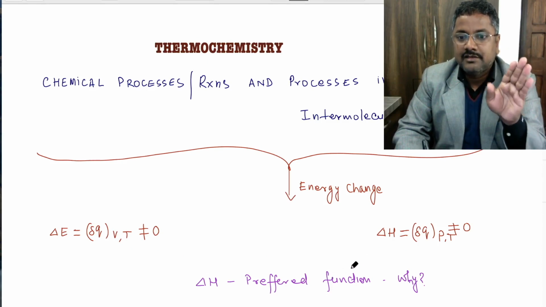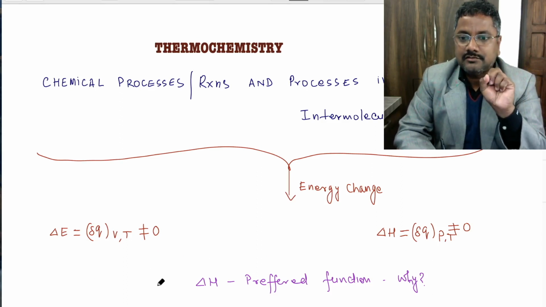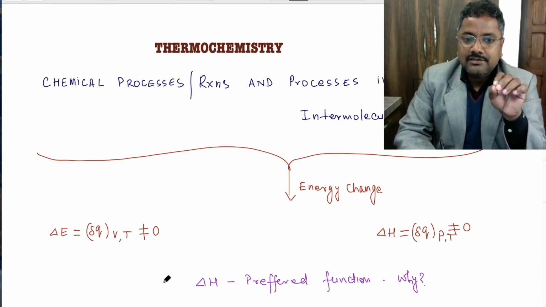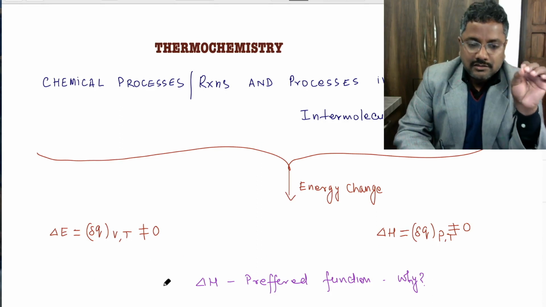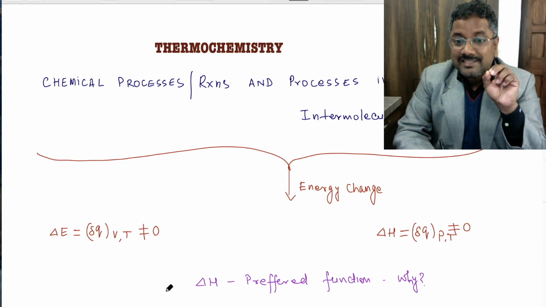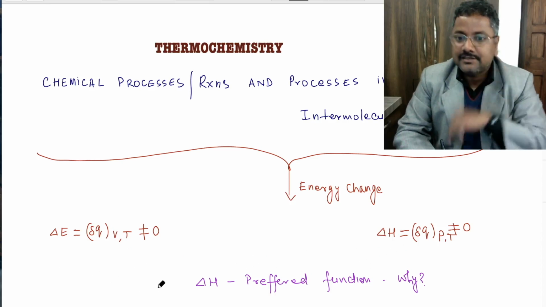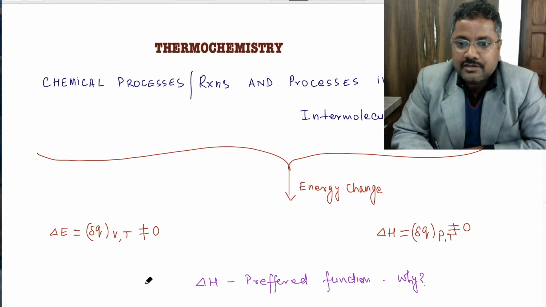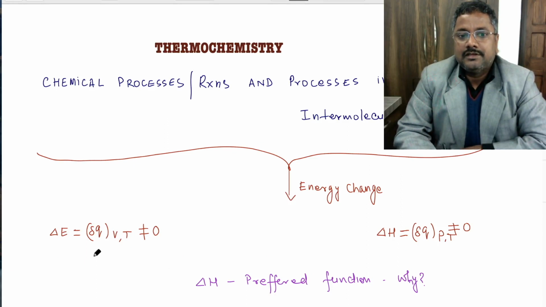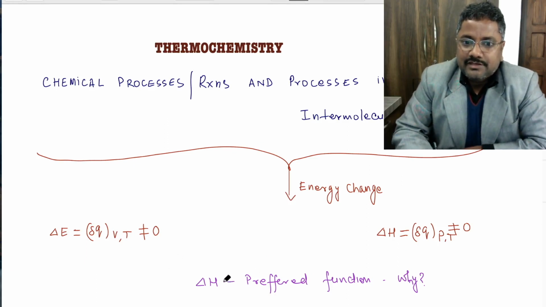But the constraint is that the monitoring and study of any chemical reaction is difficult under constant volume conditions. And there is always a risk involved in constant volume systems. So that's why delta H is preferred.